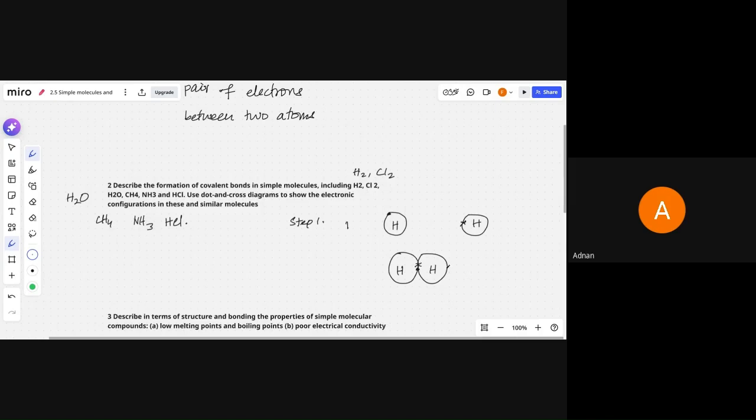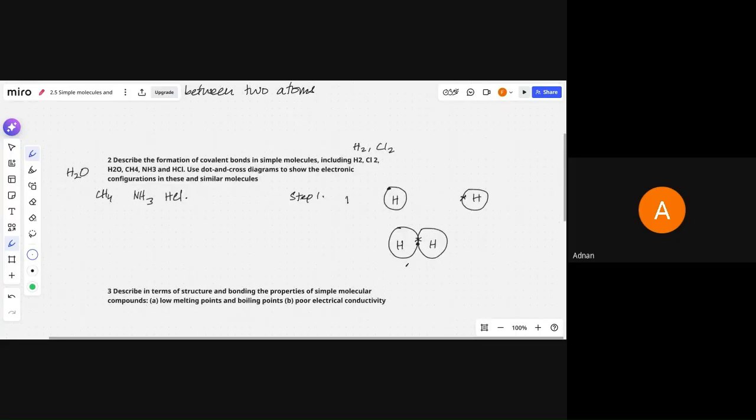Now you can see that this shared pair of electrons can be counted for both these atoms. Let's call this hydrogen A, and this hydrogen B. Hydrogen A has two electrons now, and hydrogen B also has two electrons, a complete duplet, or a complete outer shell with two electrons. So this is how you draw a dot and cross diagram.